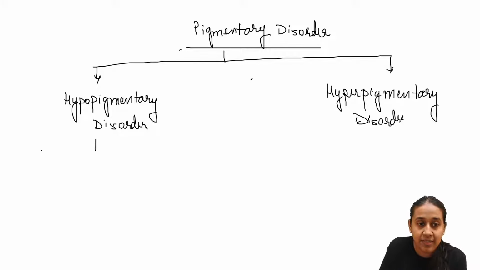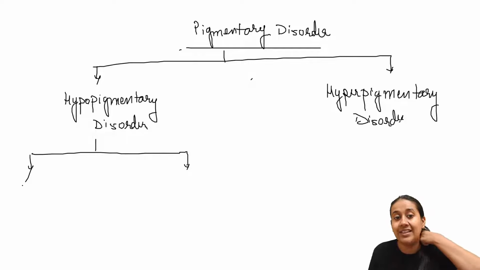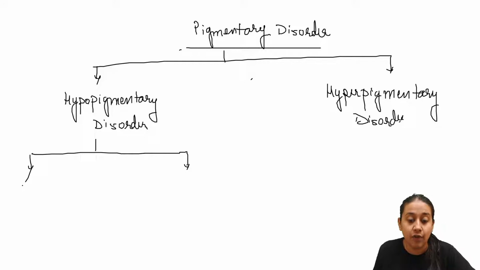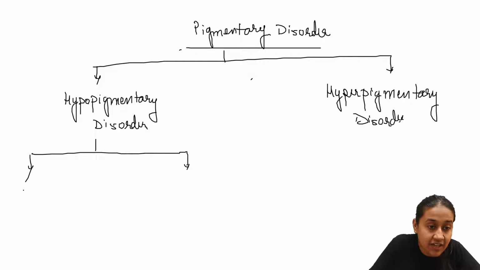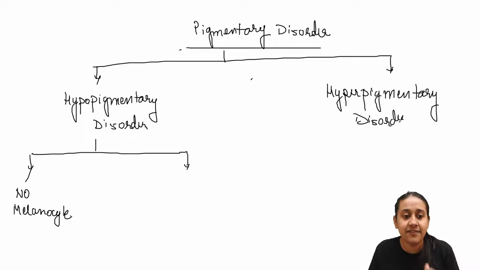Hypopigmentary means the skin color is not getting formed. There could be two reasons why the skin color is not getting formed. One is there is no melanocyte. Melanocytes are the pigment forming cells. If there is no melanocyte, obviously there will be no pigment.